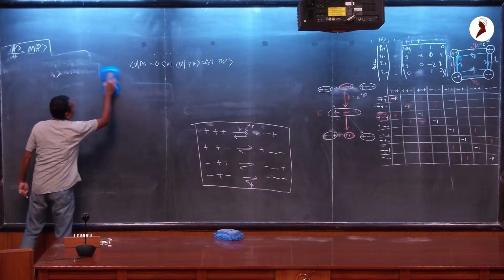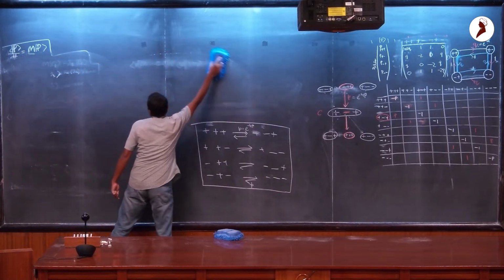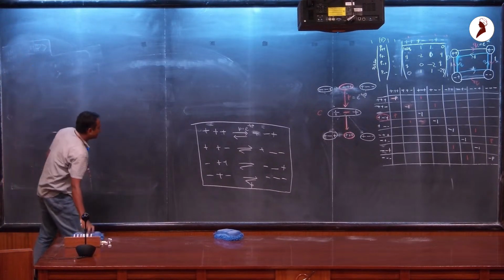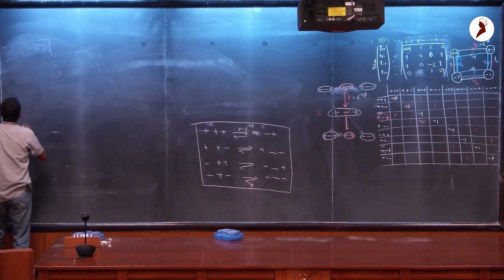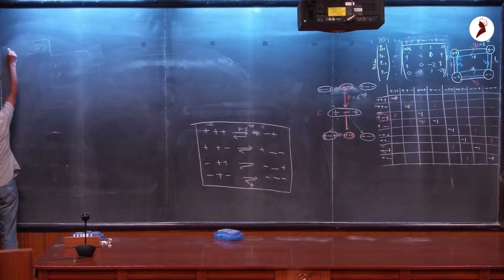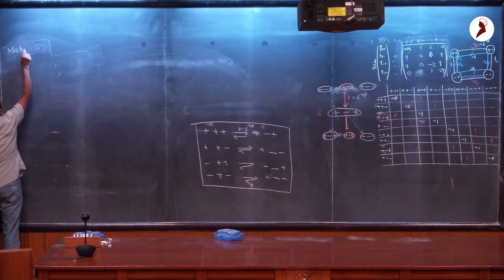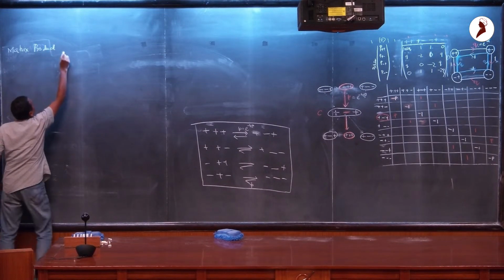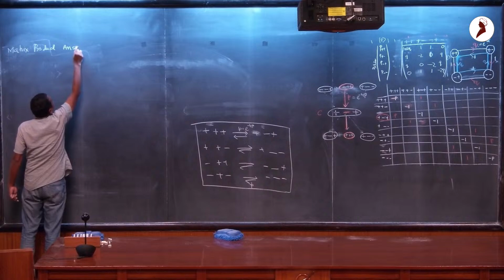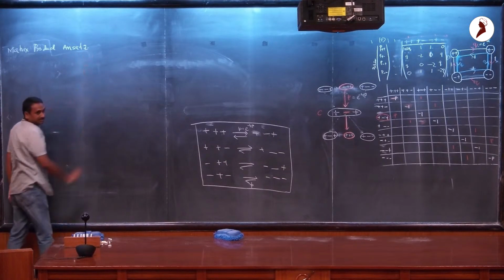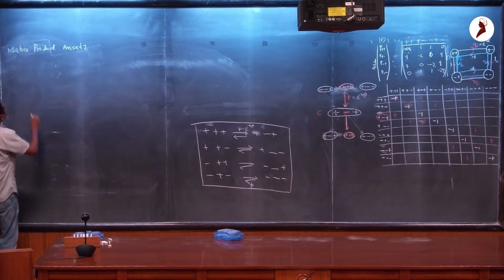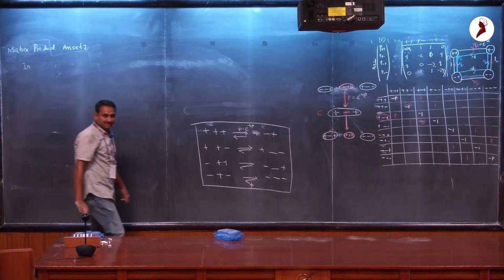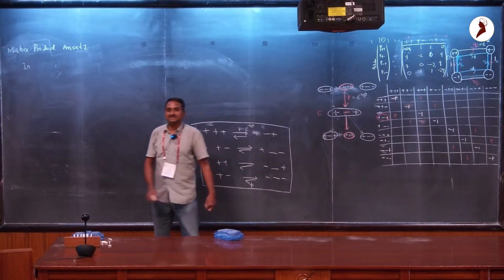Let us see what it means. So the definition, the matrix product ansatz. In steady state, that's a statement, an ansatz. We don't know whether it will work. We'll start and then see what happens.